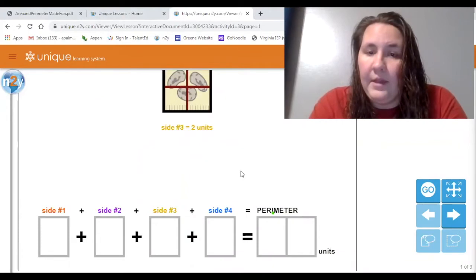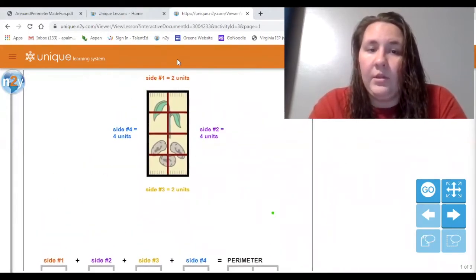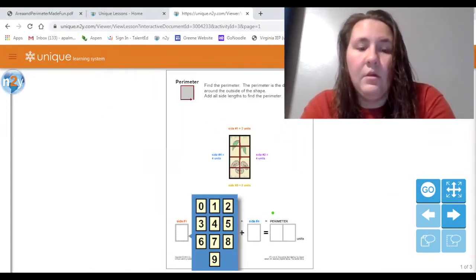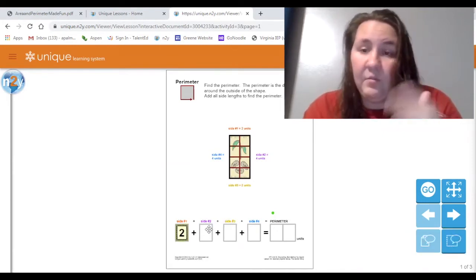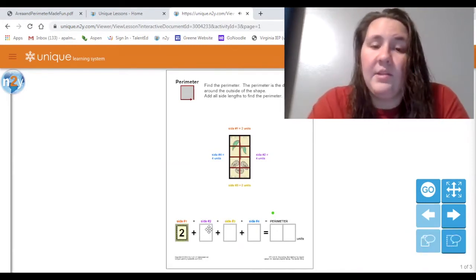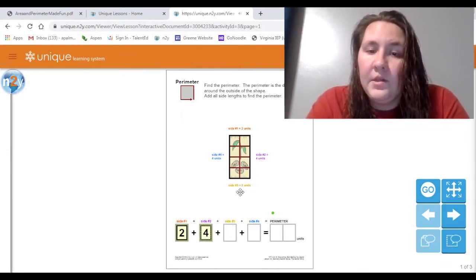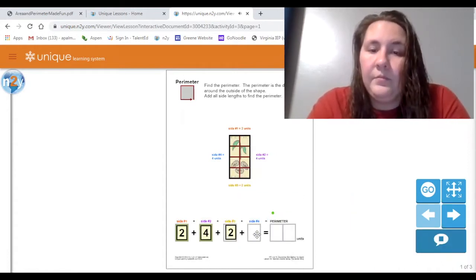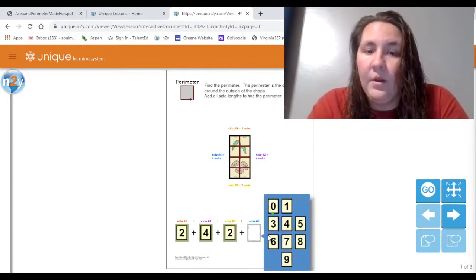So for example, let me zoom out a little bit so we can see. We saw that side 1 had 2 units, so we put a 2 in the front. We did this problem in the last lesson, so that's why Ms. Daly's kind of going through it fast. Side 2 has 4. Side 3 has 2. And side 4 has 4, okay?